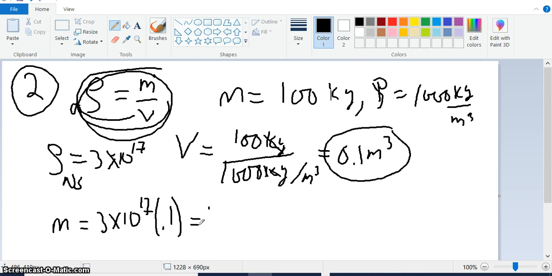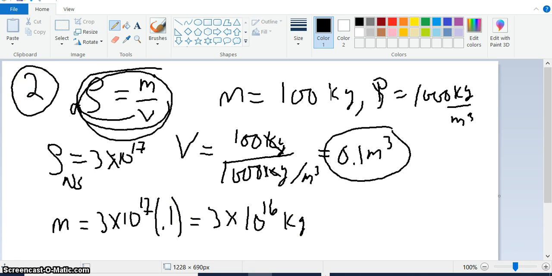This is still 3, but because it's times 0.1, it becomes 3 times 10 to the 16th kilograms.